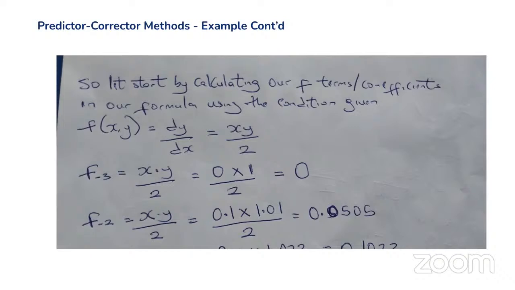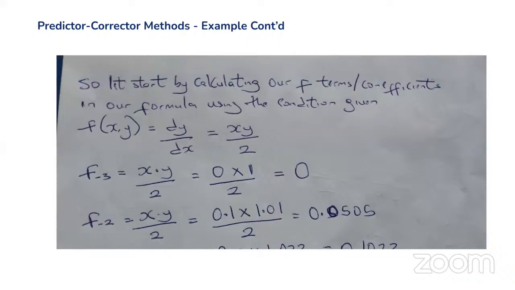You do likewise for the subsequent f values, like the f minus 2 value also. So you insert x subscript minus 2 and y subscript minus 2. What I said earlier concerning our step size, which is our h, is that the value of x always increases proportionally. So from 0 it increases to 0.1, then the next value will be 0.2, 0.3 and 0.4.